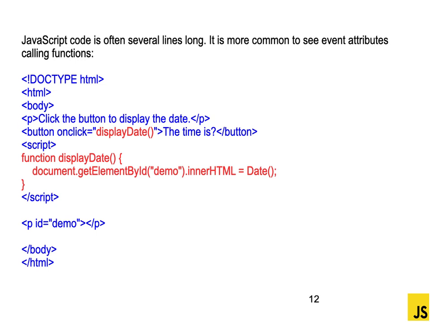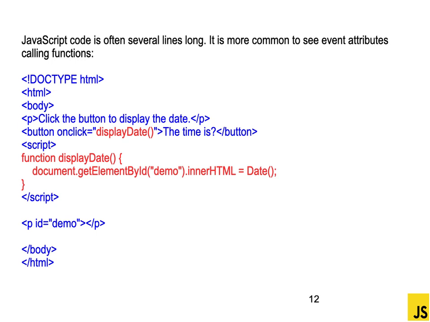So in the function displayDate, what we have done is identify a particular element with the id value equal to demo, and using the property innerHTML we have set the date, by invoking the system built-in function Date. A particular element with id demo will display the current system date.